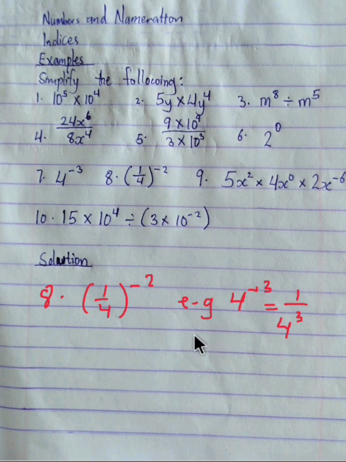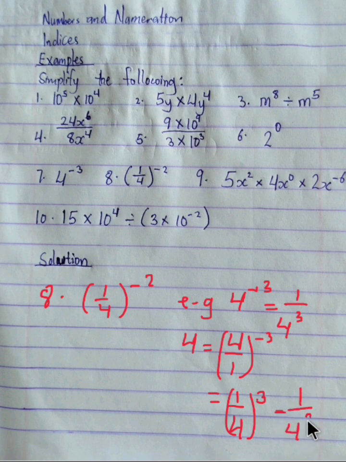Actually, 4 could be written as 4 over 1. Now you see 4 over 1 raised to power minus 3. It's as if we just take the numerator down and the denominator up, and it gives us 1 over 4 raised to power 3, which is the same as 1 over 4 raised to power 3 this way.